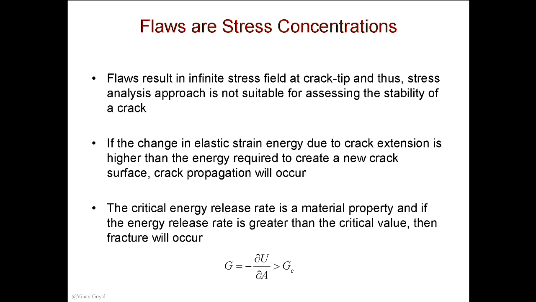So the energy release rate, G, is a change in strain energy due to increased area of crack propagation, okay? If the value of G is greater than the critical value, which is a material parameter that can be measured in a test, then the crack will propagate. But if the energy release rate is less than the critical energy release rate, then the crack will be stable. It will not propagate.